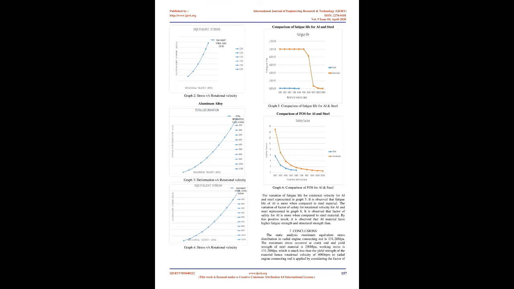Once the rotational velocity increases above 11,000 rpm for aluminum alloy, the connecting rod will fail, hence the maximum rotational velocity should be within 11,000 rpm for aluminum material.